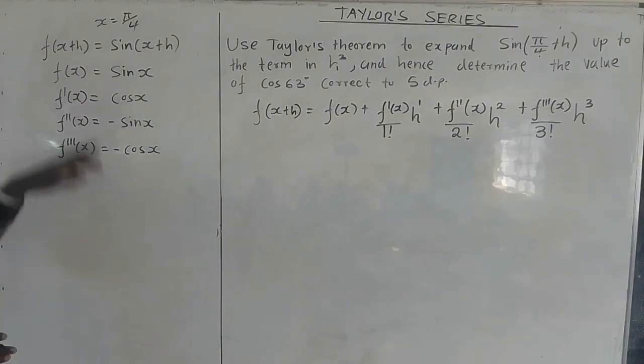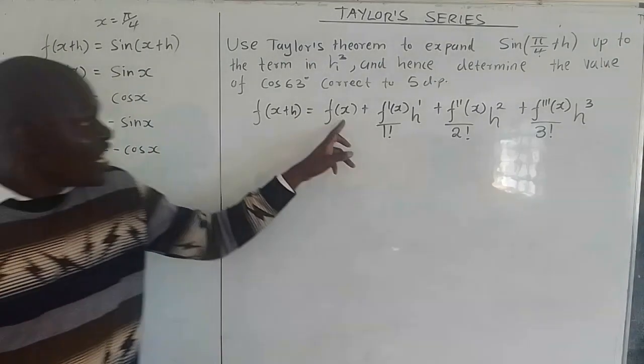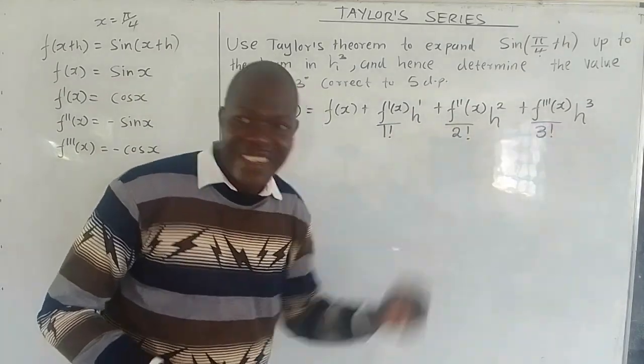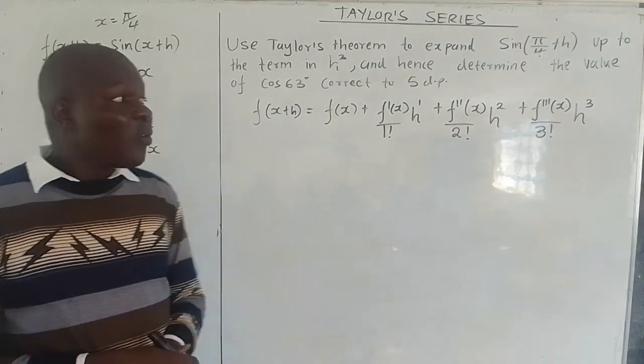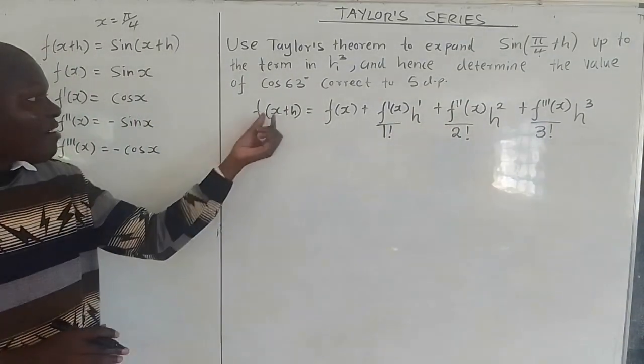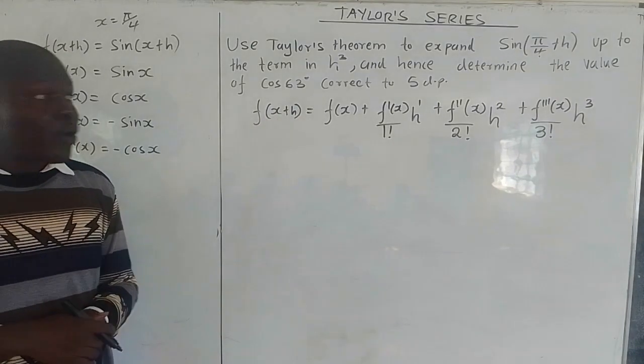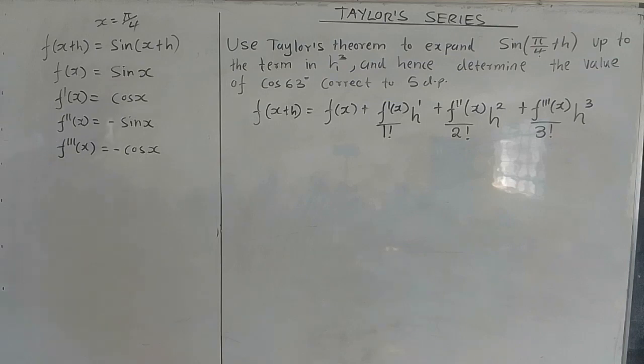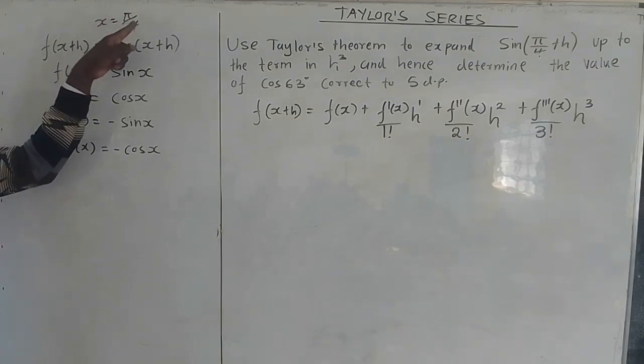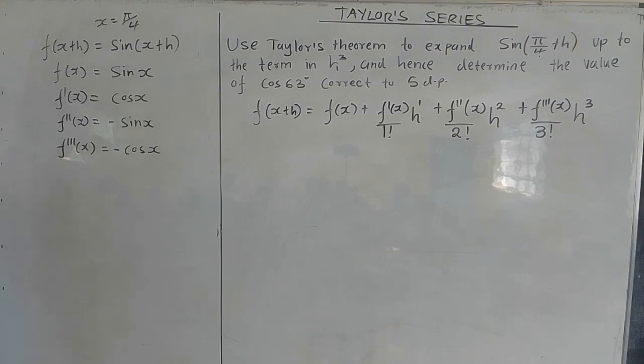These are now functions of x, meaning we need this, this, this, and this, isn't it? Then what else do we need? We have f of x plus h, isn't it? So here, the first thing now, we put the value of x. x is pi over 4, isn't it?